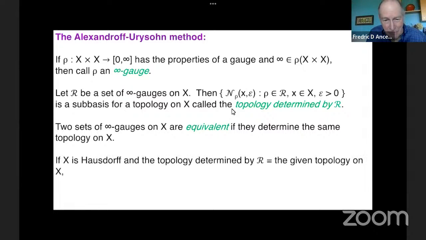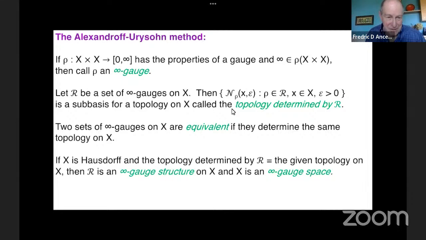And you can say a Hausdorff space whose topology is determined by a set of gauges is a gauge space, an infinity gauge space. So I want to allow the possibility that the gauges take on the value of infinity.